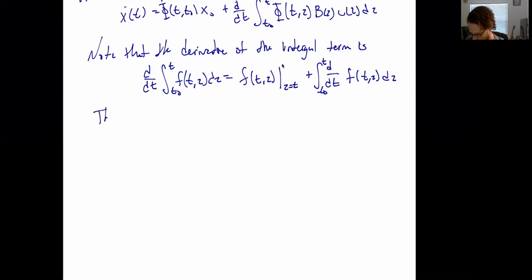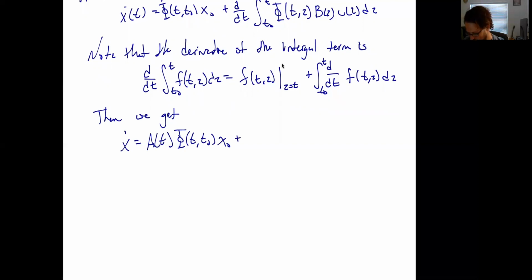So then we get that x dot is equal to a of t, phi of t, t naught x naught, which is from the properties I presented last class, or last video.